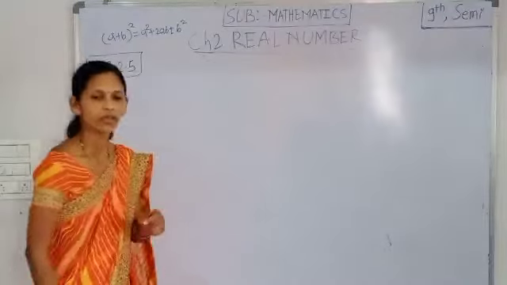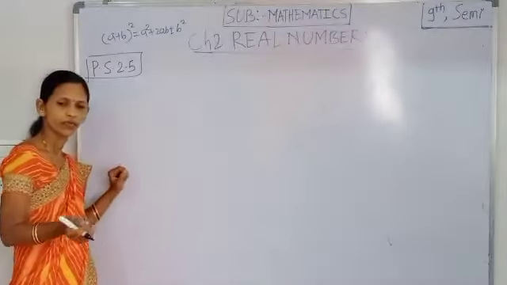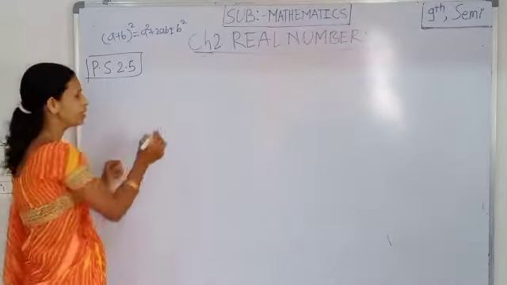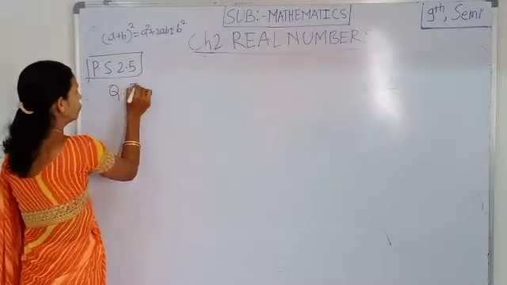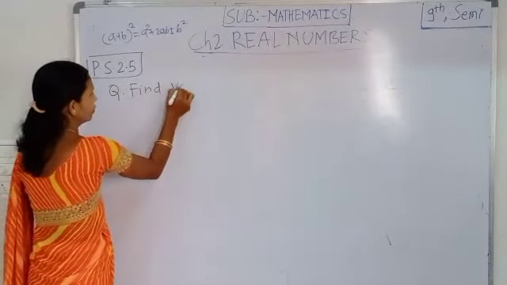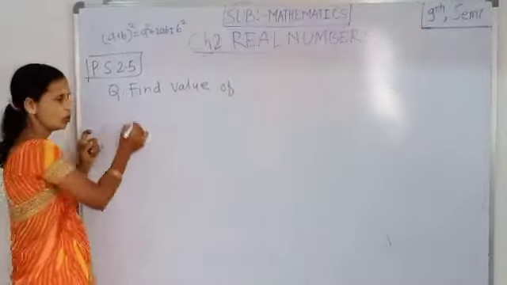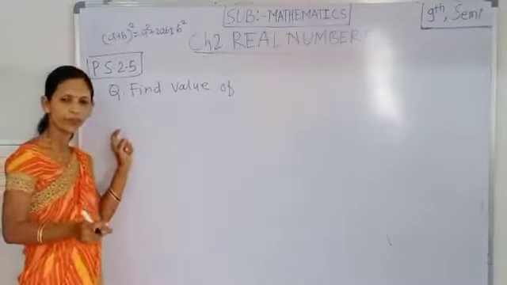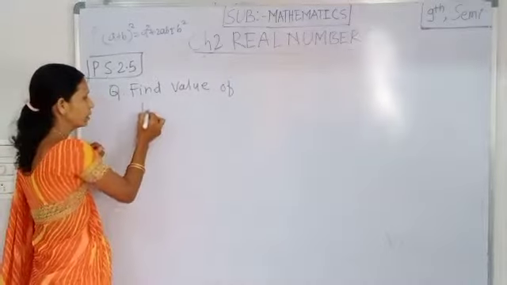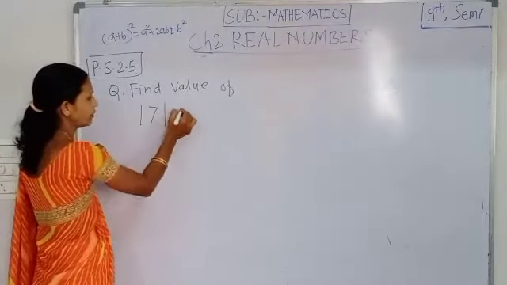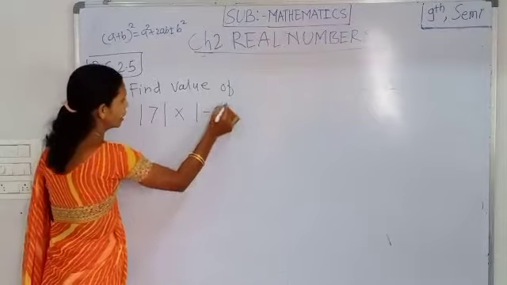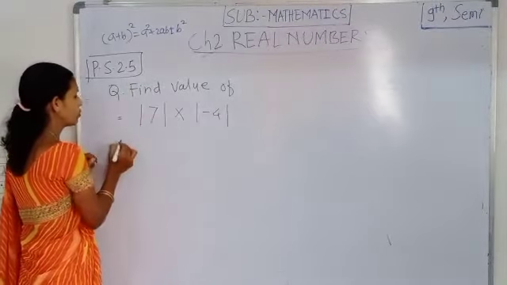Then in question number 1, a few examples are given. Find the value of modulus of 7 into modulus of minus 4. Then we have to solve this.